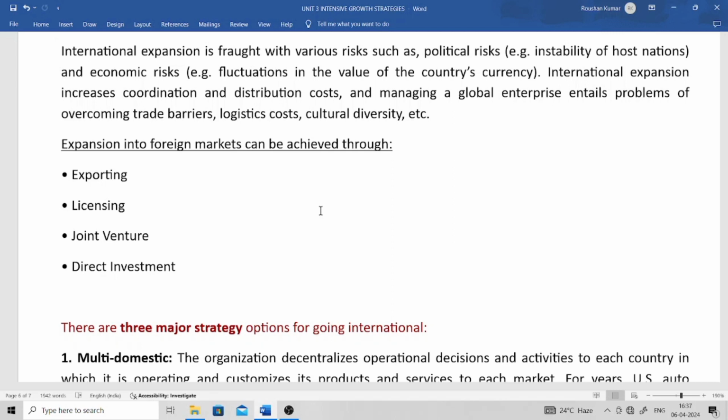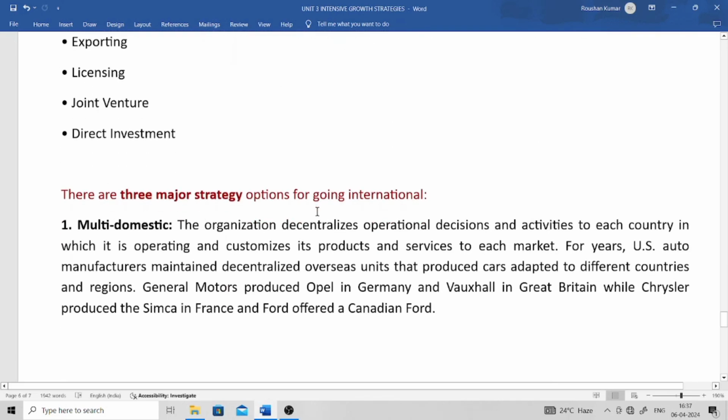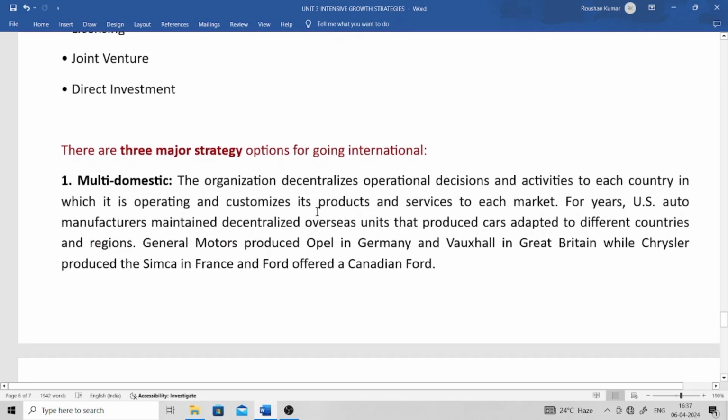General Motors produced Opel in Germany and Vauxhall in Great Britain, while Chrysler produced the Simca in France and Ford offered a Canadian Ford. So multi-domestic means the organization decentralizes operational decisions, means for different countries decisions are taken at local levels and according to the market of those countries.